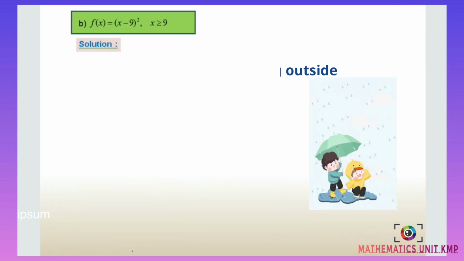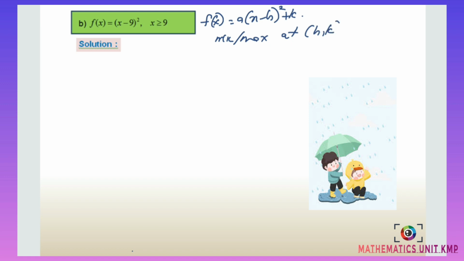For example B, f(x) equal to (x minus 9) squared and x greater than or equal to 9. The form of completing the square is f(x) equal to a(x minus h) squared plus k. The minimum or maximum point is at (h, k).